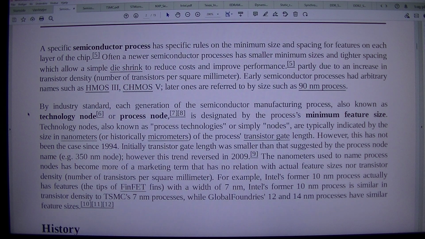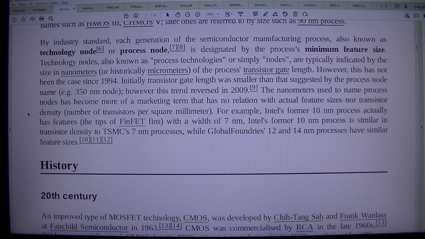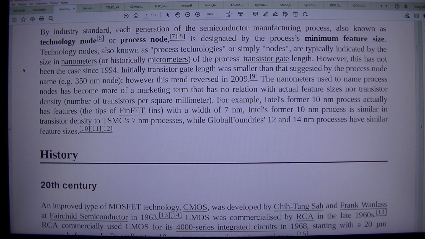By industry standard, each generation of the semiconductor manufacturing process, also known as technology node 6 or process node 7, 8, is designated by the process's minimum feature size. Technology nodes, also known as process technologies or simply nodes, are typically indicated by the size in nanometers, or historically micrometers, of the process's transistor gate length.